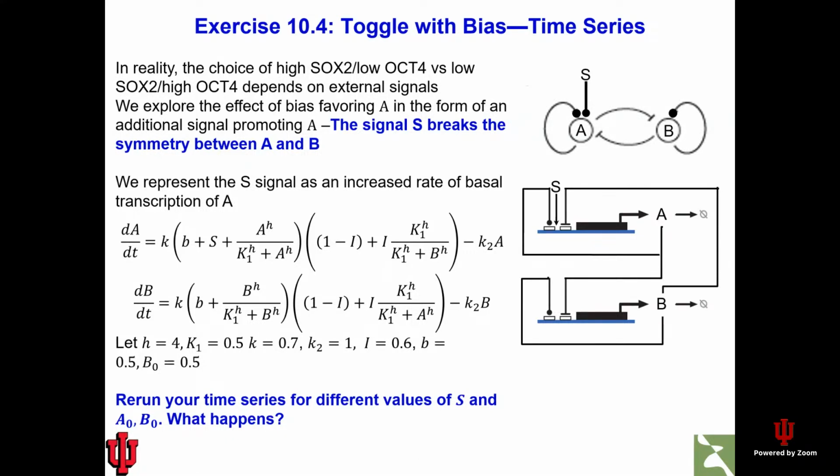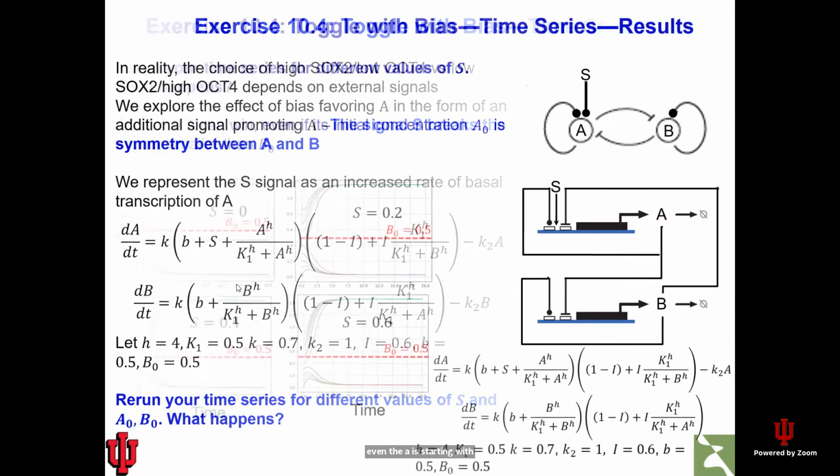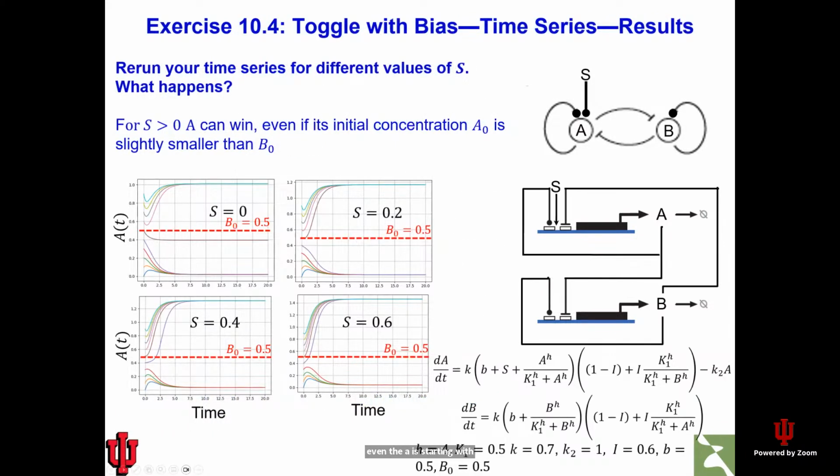Okay, I got the result where even when A is starting with the value a little bit lower than B, it eventually gets higher. Yeah, and depending on the exact value of S you use, that shift will be a little bit different. Here in my time series, a little bit like yours, I started with initial B always 0.5. And if I start with S is 0, if A is equal to B, they stay equal.